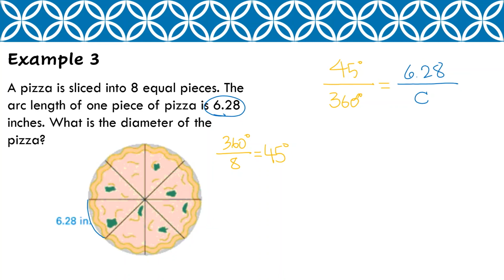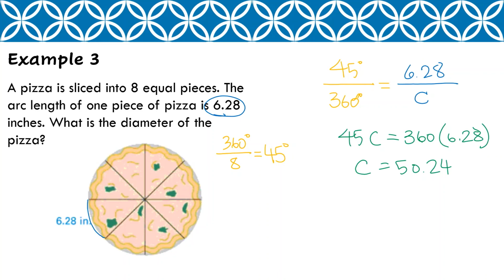In order to solve, I would cross multiply and divide. So I'd put some values into my calculator, cross multiply and divide, and I would get 50.24. Multiply 360 times 6.28, and then divide by 45.